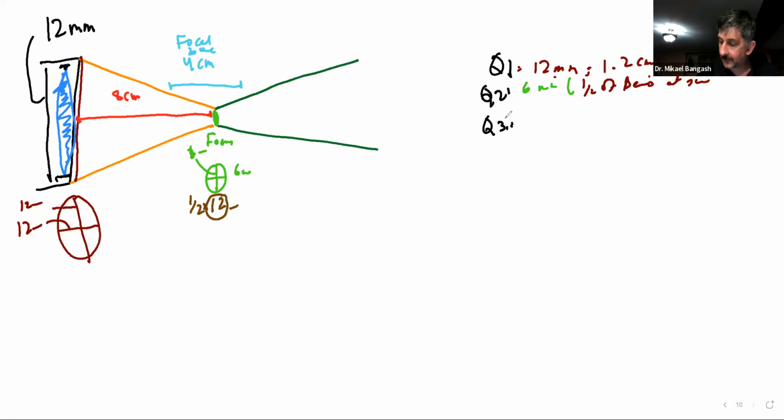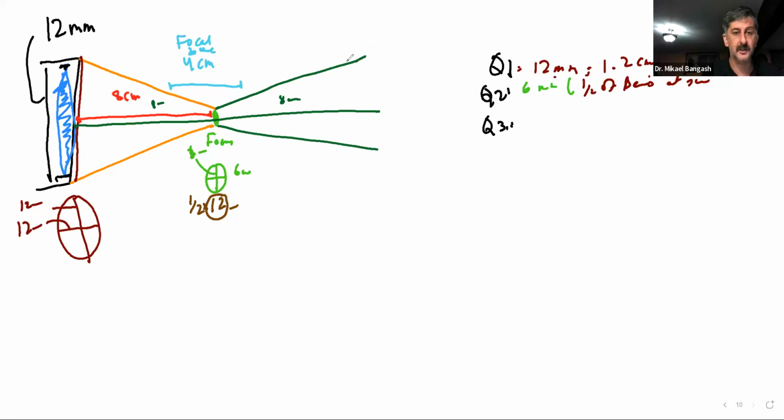Now question 3 says, what is the diameter of the beam at a depth of 16 centimeters? At a depth of 16 centimeters, that mainly means from here. So this was 8 centimeters, and then you just have another 8 centimeters.